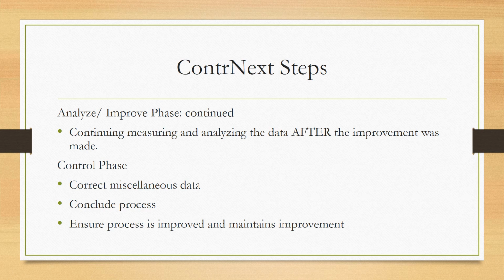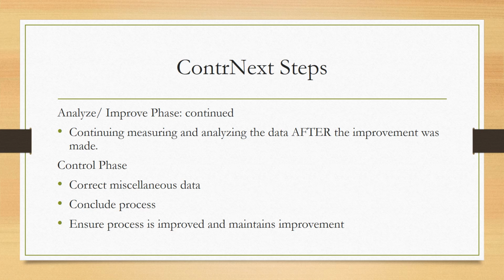And then what we had next was our next steps, looking at the control phase. When we last had my presentation, it was looking at the analyze and improve phase, and we wanted to continue it again because we wanted more data. We didn't have a lot of data post improvement, so we did that.